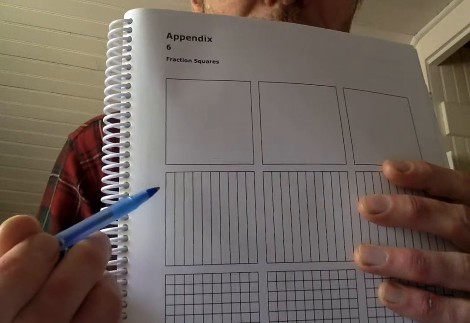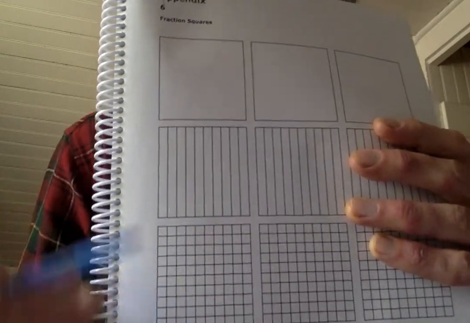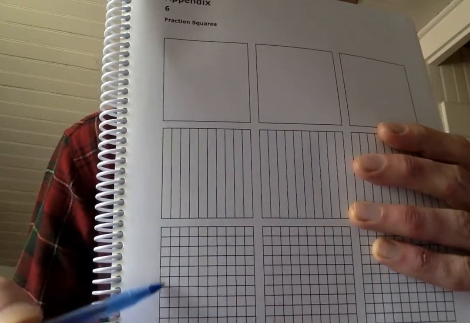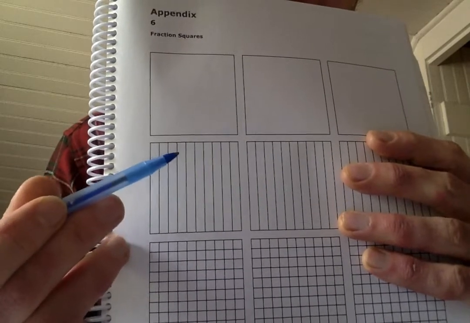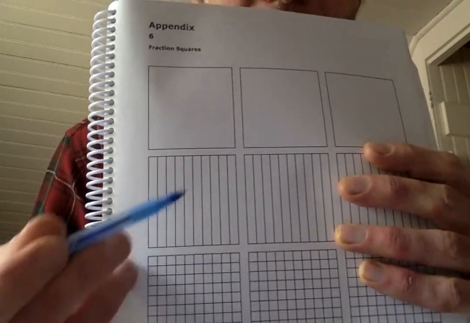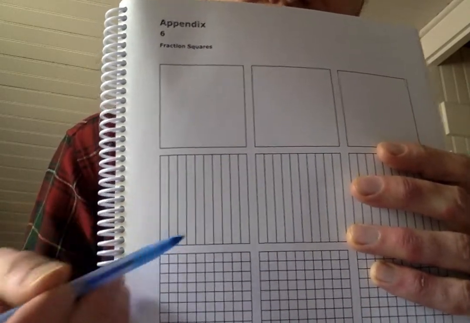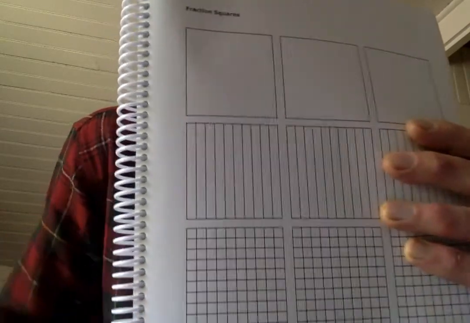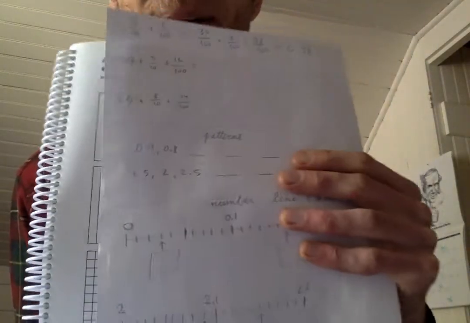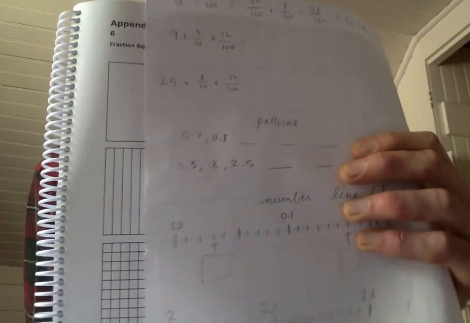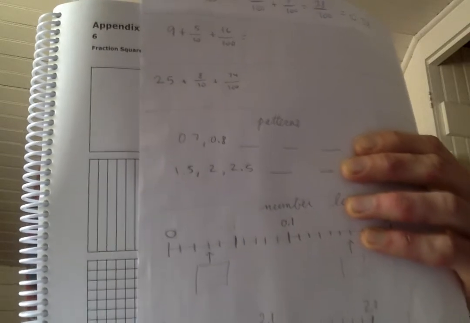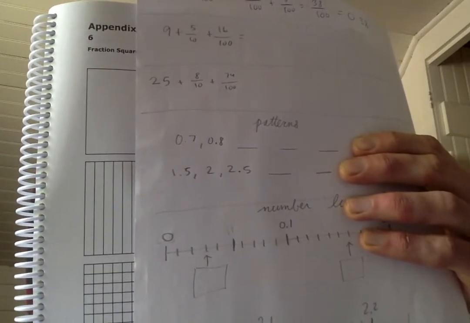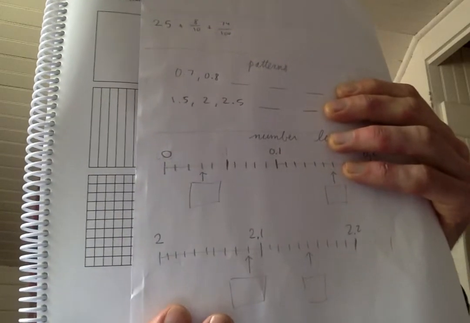Just like if you were to look at this and notice, oh, 1/10 is 10/100, 2/10 is 20/100, 3/10 is 30, 4/10 is 40, 5/10 is 50/100. See how we do that? 5/10 is 50/100.